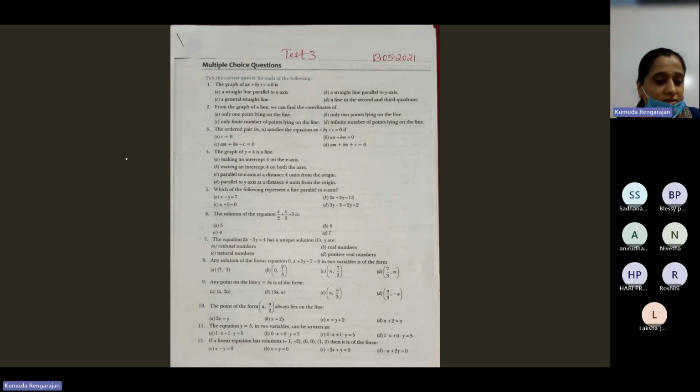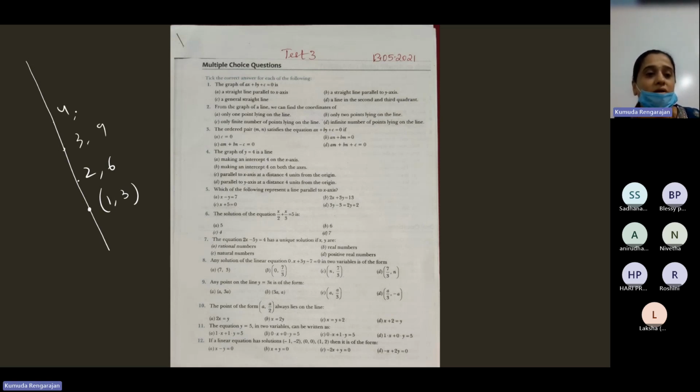So if you see the points lying on that line, the points will always look like the y coordinate is 3 times the x coordinate. Okay, so 1, 3, or it will be 2, 6, or 3, 9, 4, 12.